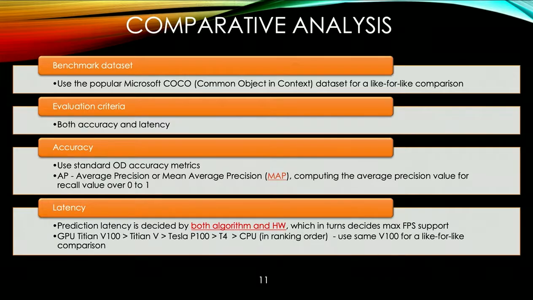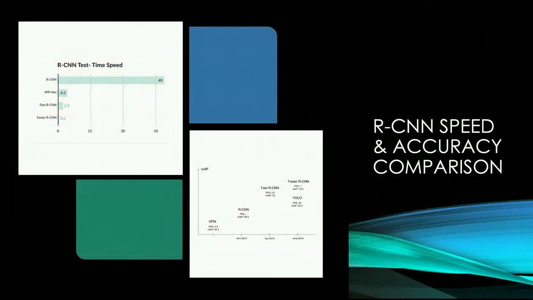We also give the computing capabilities in ranking order for all the GPU and CPU hardware variations. Here we're just using the same V100 for like-for-like comparison. The left side is the latency comparison, and the right-hand side is the accuracy comparison among the various R-CNN schemes. On the left side, you can see R-CNN takes about 49 seconds for one image frame detection, which is very slow.